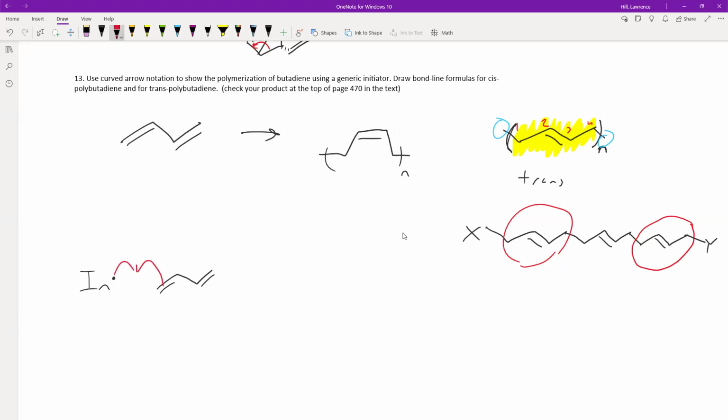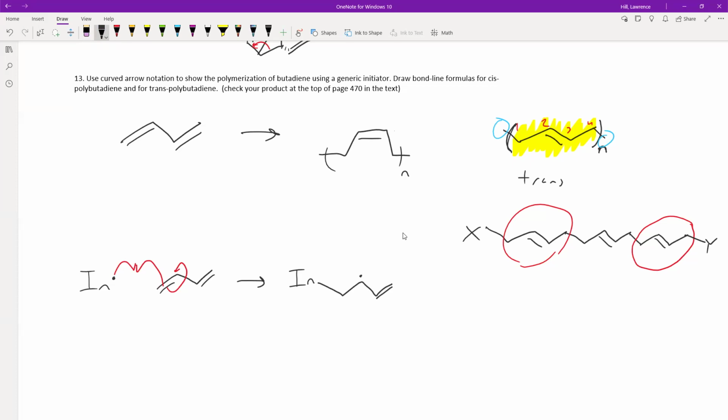Well, we're going to form our radical intermediate. And here we do know what's at this end of the molecule. IN just stands for some generic initiator here. And here we have this radical.